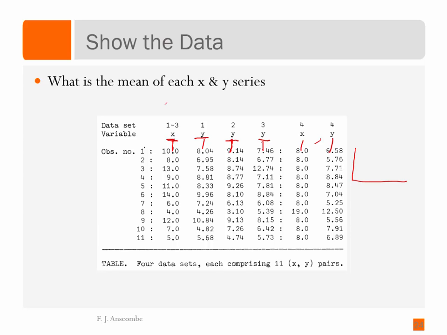Maybe I'll add these up and take the means. So we can add these up and take the mean of X and the mean of Y. If we take each of these and add them all up, sum them, and then divide by the frequency, 11 for each one of them.